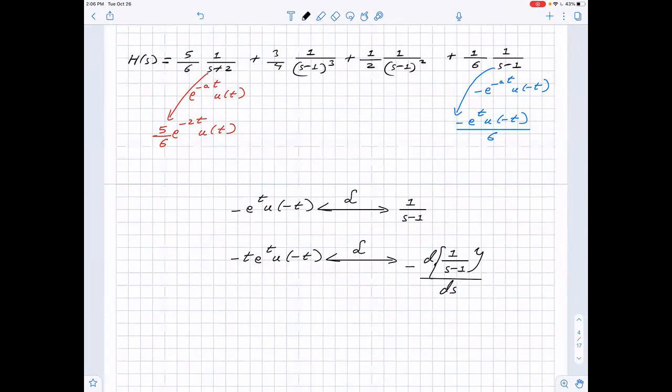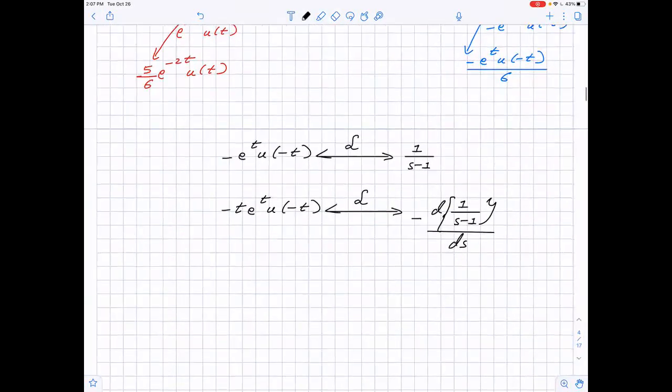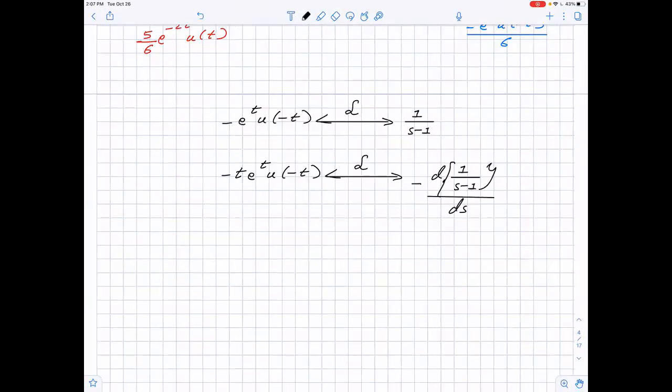So negative d over ds is the operation in the S domain if in the time domain we are multiplying by t. So consider this derivative of 1 over s minus 1. The derivative of that would be negative 1 over s minus 1 squared. And we already have this negative sign over here, which cancels the other negative, and we get 1 over s minus 1 squared.